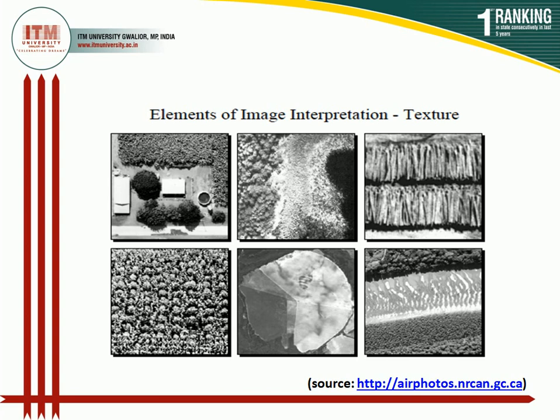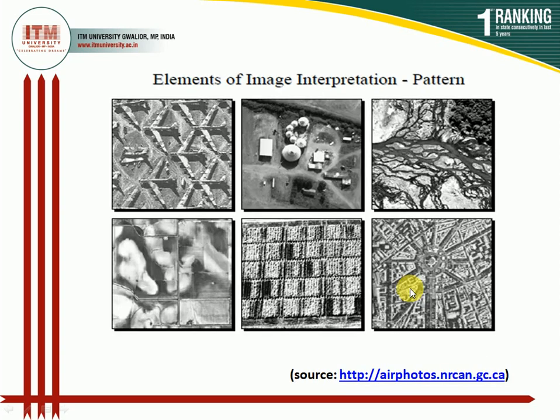Water or grass in a particular area appears smooth in texture, and a tree having a canopy will appear rough in texture. Here you can see that the water body appears smooth in texture, while the vegetation around it appears coarse or rough.